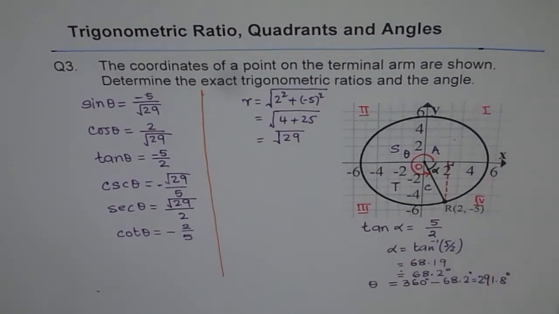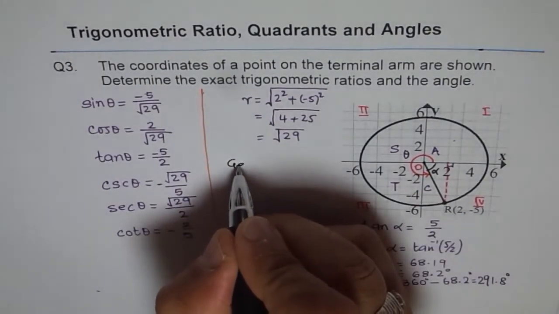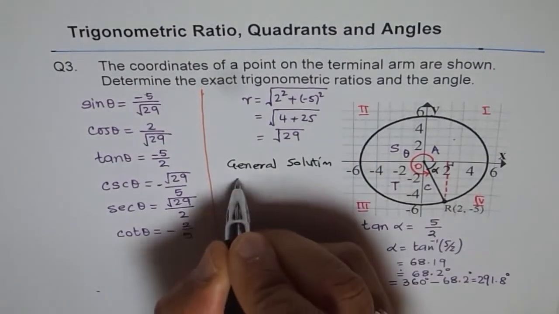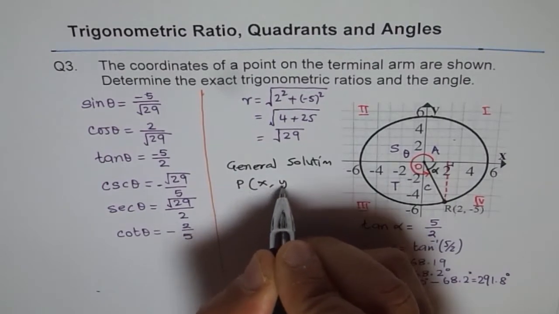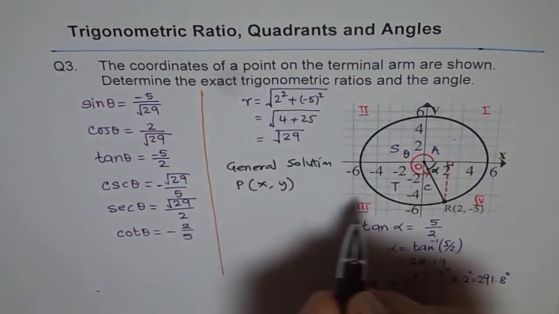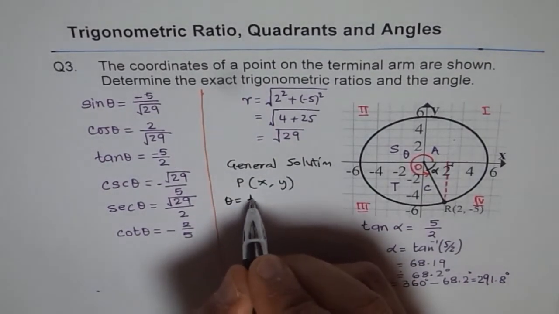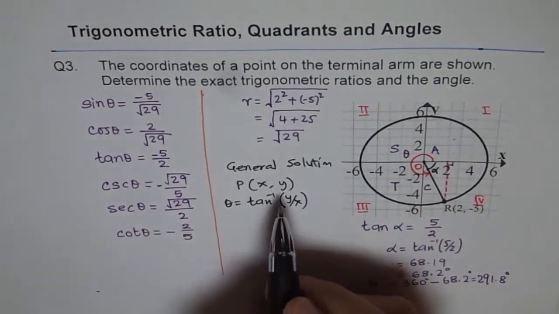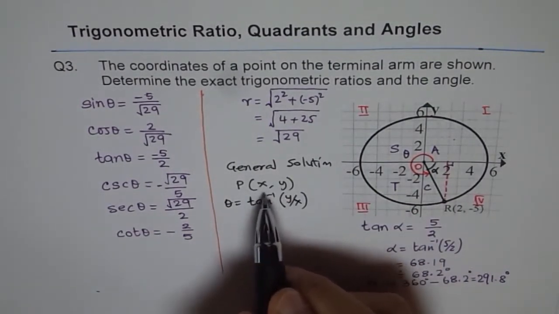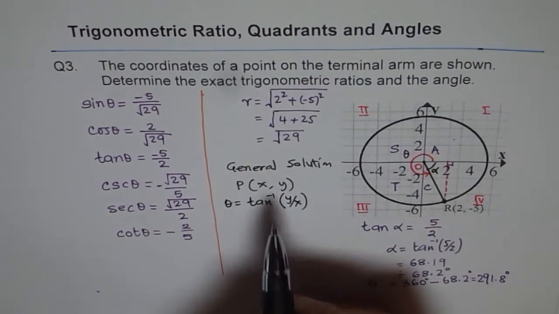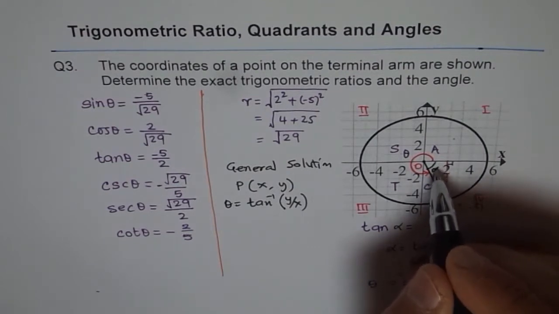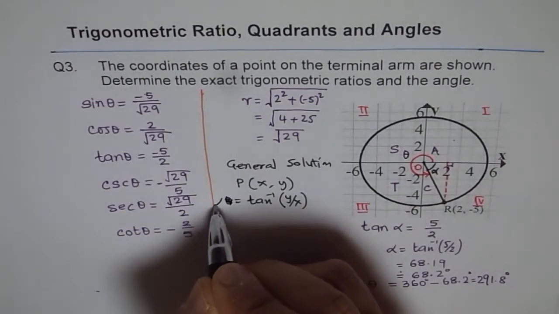So in general, let me summarize the general solution. Let's say a point is given and the point coordinates are x and y. You can find the angle by theta equals tan inverse of y over x. No need to take the negative or positive sign, forget about the sign, since we are assuming that our point lies in quadrant 1 and we are only interested in finding the acute angle alpha.